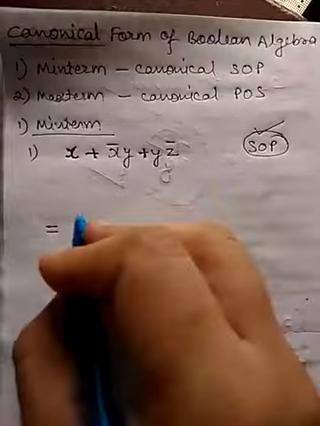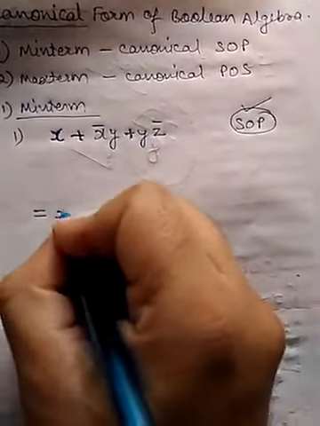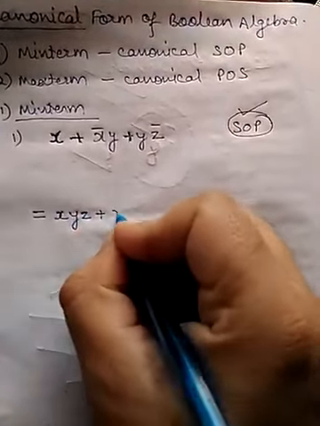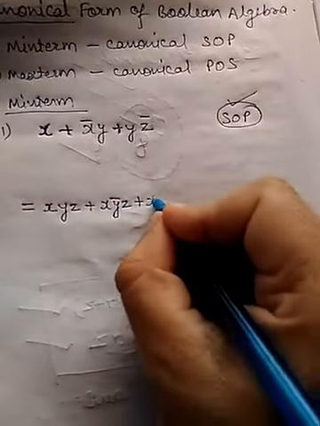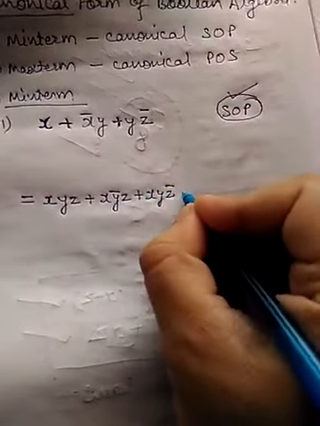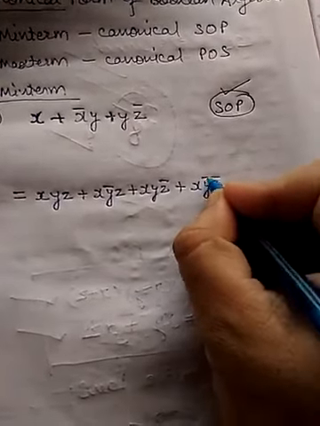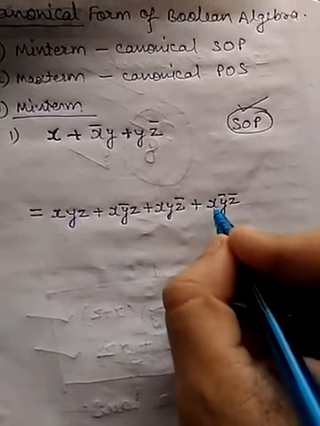So we can write all the combinations of y and z with the term. Means x is already here, it could be xyz, or it could be xy'z, or it could be xyz', or it could be xy'z'. So 4 combinations of yz can be possible.